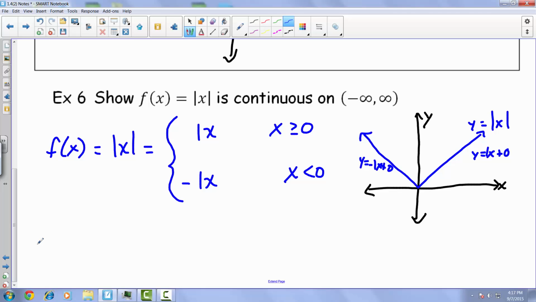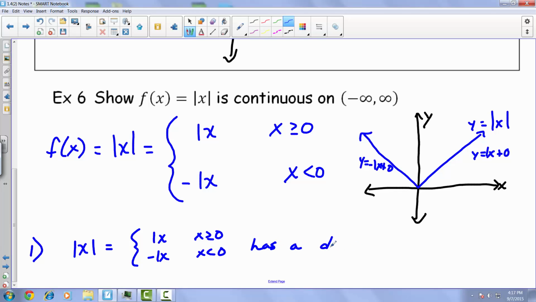Now, for criteria 1, the absolute value of x, which is equal to our piecewise function 1x as long as x is larger than or equal to 0, or negative 1x as long as x is less than 0, does in fact have a domain ranging from negative infinity to positive infinity.